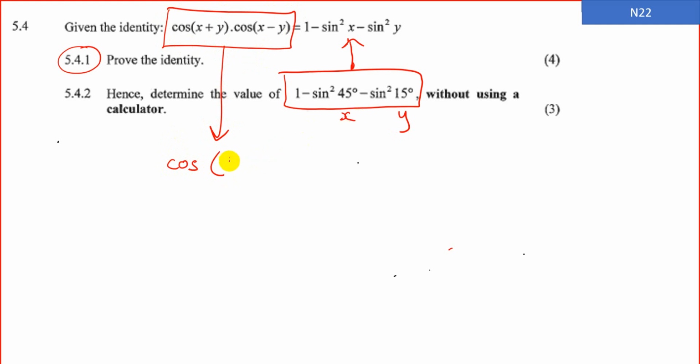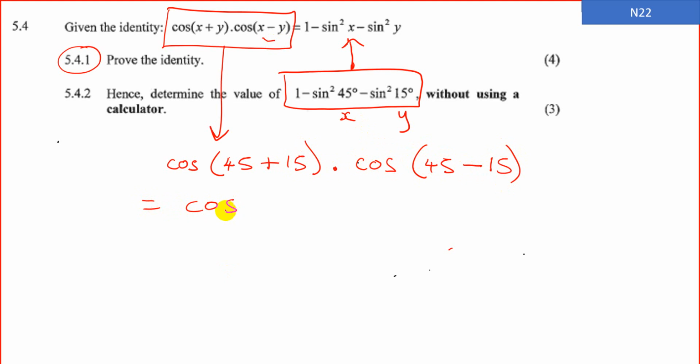Remember, x is now 45 plus y, which is now 15, times cos of (x - y), and remember x is 45 minus y, which is 15. And if we work this out, it's going to give us cos of 45 plus 15, which is 60, times cos of 45 minus 15, which is 30.